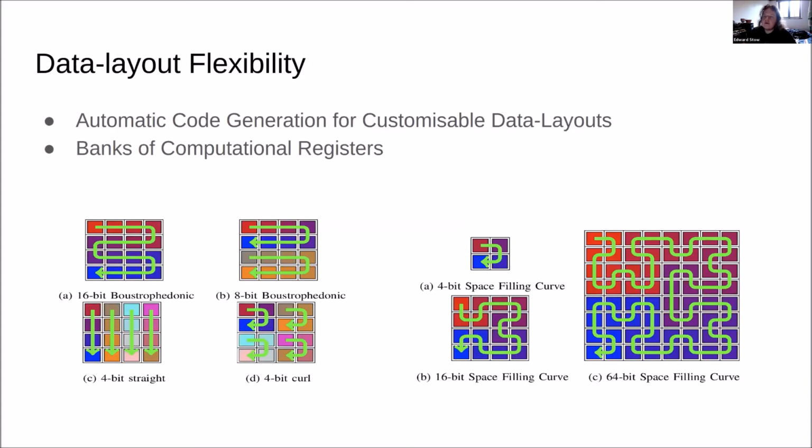The big point here is that there's data layout flexibility. You see there's lots of different ways you can lay out bits. One of the key ideas is that everything's done in a bit serial fashion, so every processing element is responsible for one significant bit of a number. You can have them all in one, like a 4x4 with 16 bits, or we could break that into two 8-bit sections.